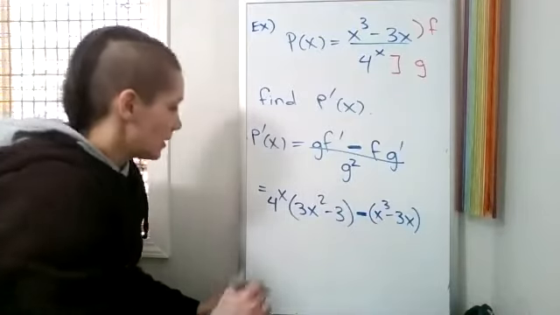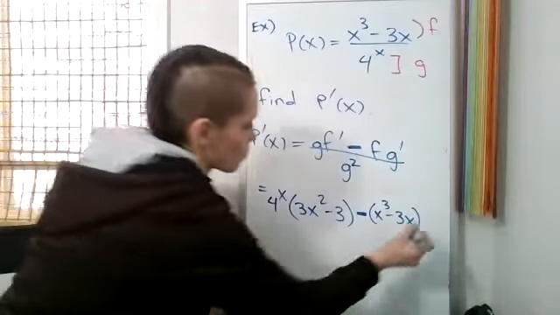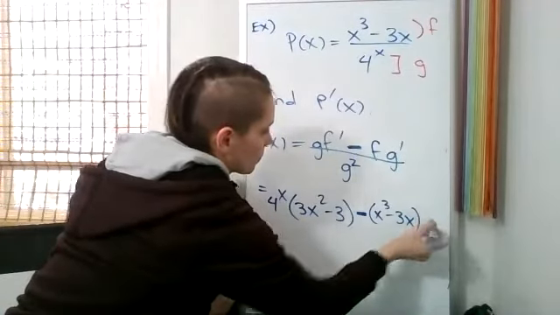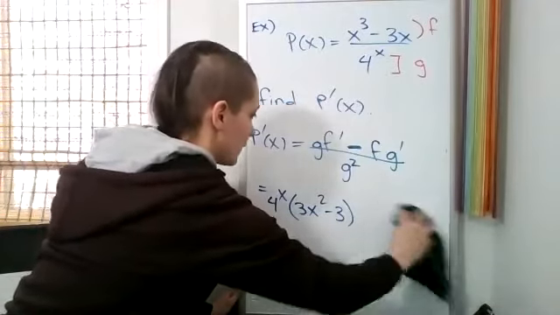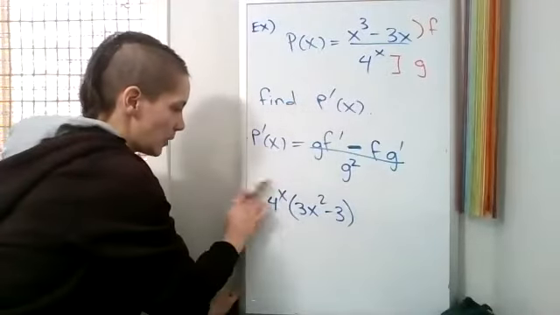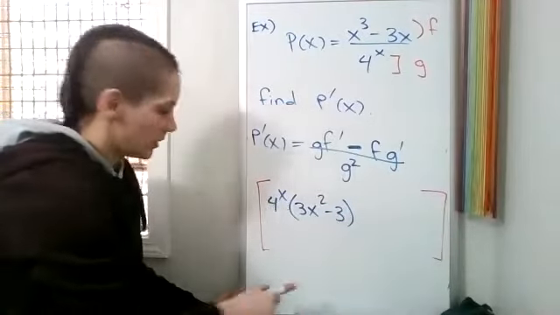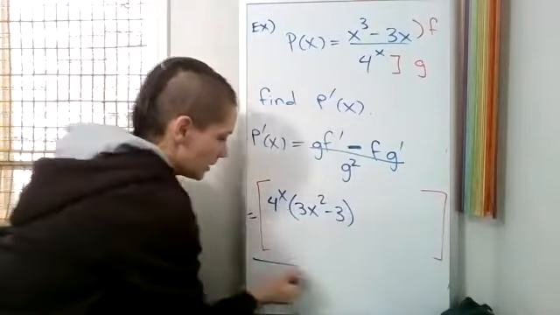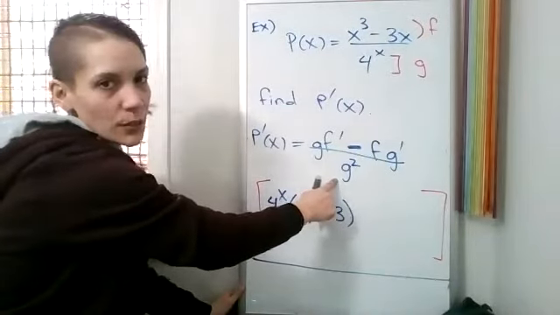It's not going to fit. So what's in brackets will all be the numerator. It's just because I don't have space on the whiteboard. So this is divided by the function g squared.